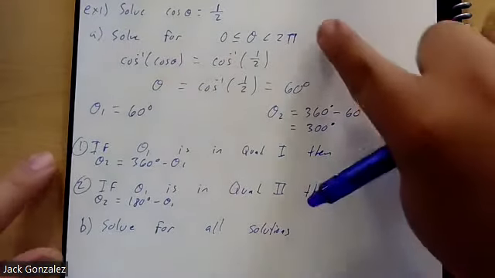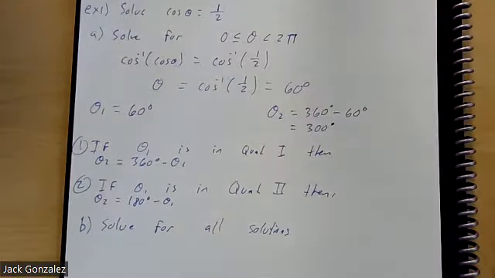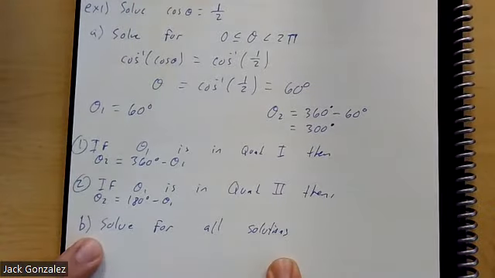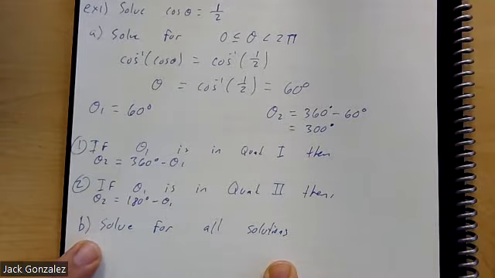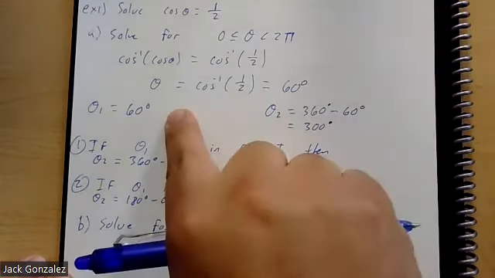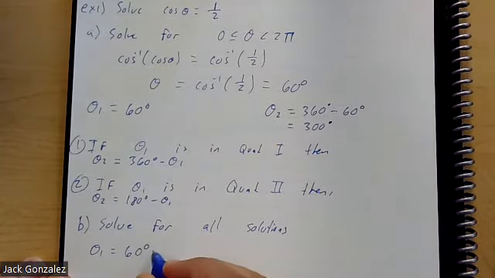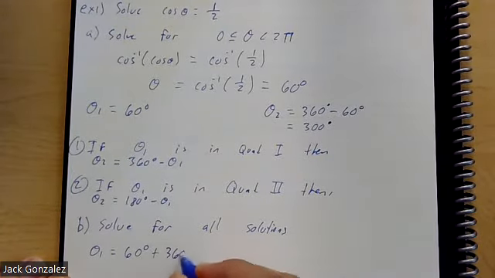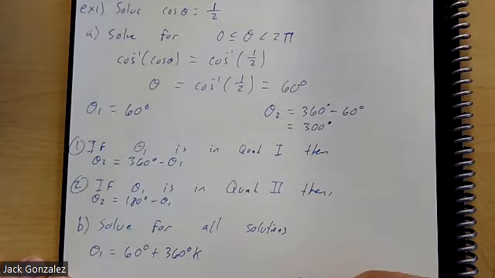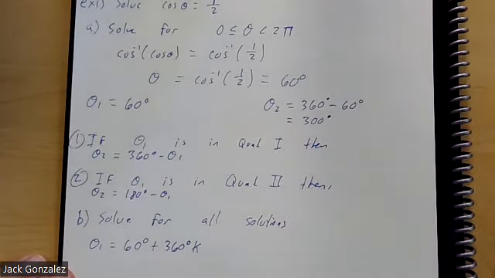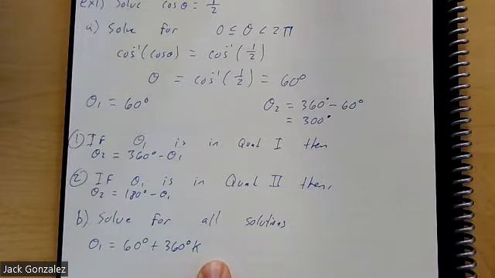Okay, so if they do not give you this restriction, let's say all they do is say solve, then you're going to find all the solutions, okay? But since we already did it up here, all you have to do is tack on the infinite piece, 360K. So every time I go around 360, where K is an integer, I'm going to get an infinite representation.